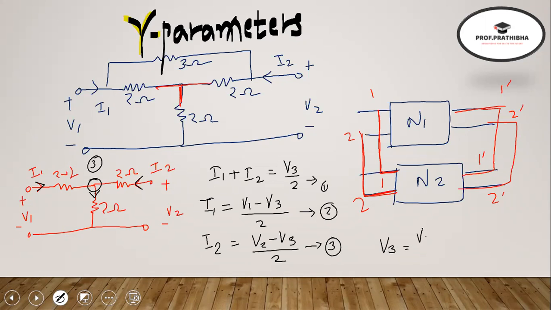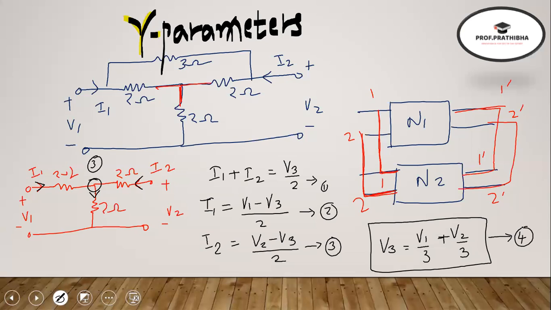V3 is V1 upon 3 plus V2 upon 3. So I hope everyone got this. Now this equation, which I can call 4, you substitute in 2 and 3. When you substitute this in 2 and 3, you will get the two equations for I1 and I2. So please substitute equation number 4 in 2 and in 3.